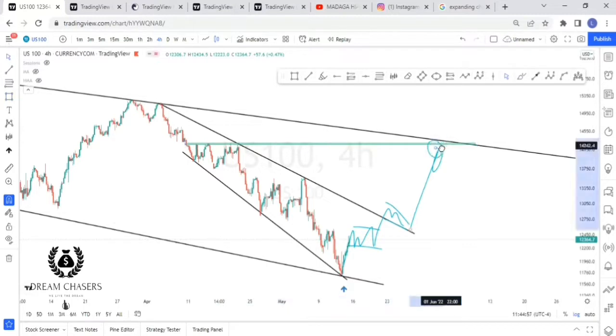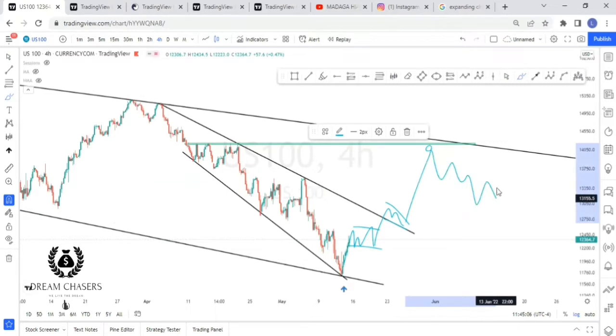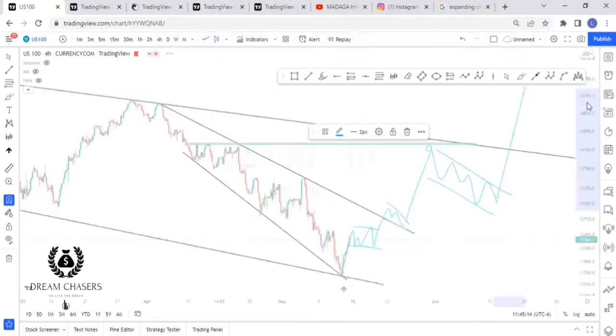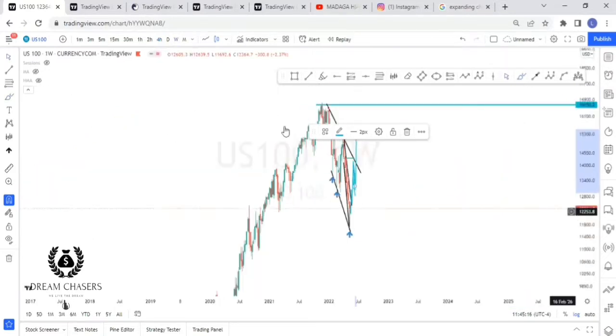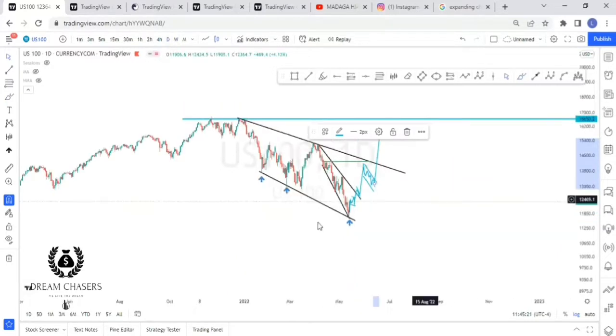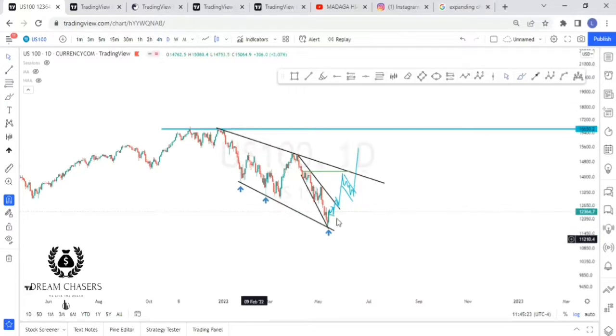Basically we know that if it doesn't break, we're still going to get sales because the market is still in some sort of a downtrend. As you can see, still in a downtrend. So if the market fails to break this level over here, you could probably get a reversal pattern and start selling again.